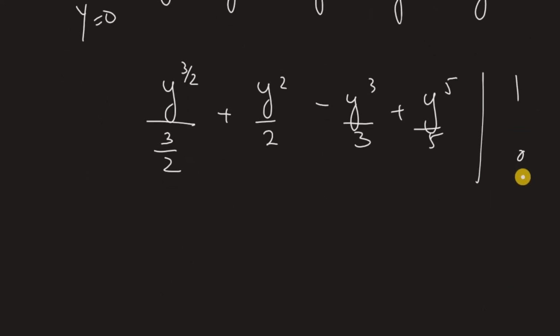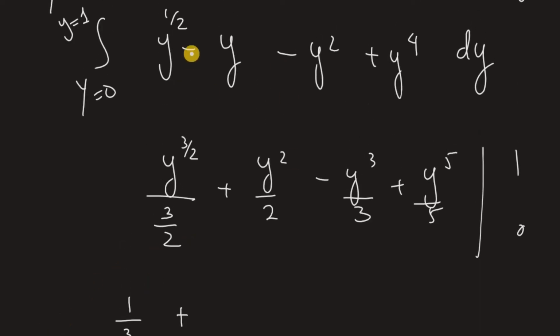Evaluating from 1 to 0. If you plug in 0, you're going to get 0 in all of this, so no need to do it. So only plug in 1 over here, so you get 1 divided by 3 over 2, and you have plus, oh wait, why did I change the values? It was already a minus over here.